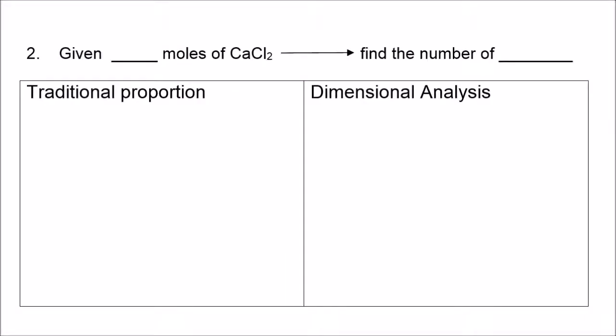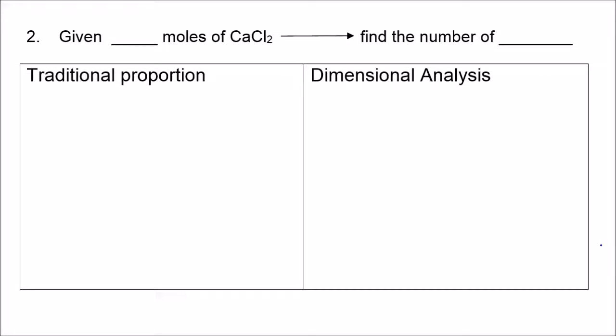I'm now doing a second example of dimensional analysis. This one you can see the given will be in moles. So here, random number, 1.24 moles of calcium chloride. And let's say the destination this time is to find the number of grams.